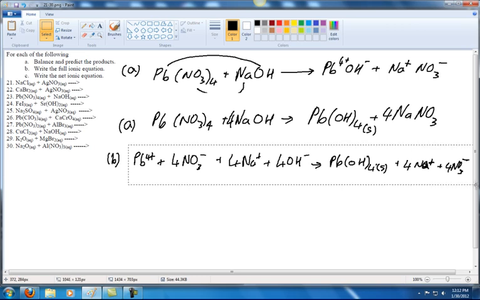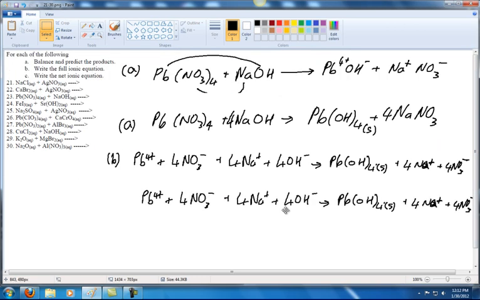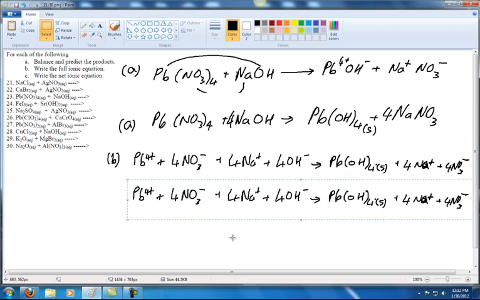And I will copy the answer here for part C. And what we'll do is we will look at part B and we will figure out which ions are exactly the same on each side, that is, which are the spectator ions. And what we're going to find is that we've got 4 NO3 minuses here. That's going to cancel with that. We've got 4 Na pluses, that's going to cancel.